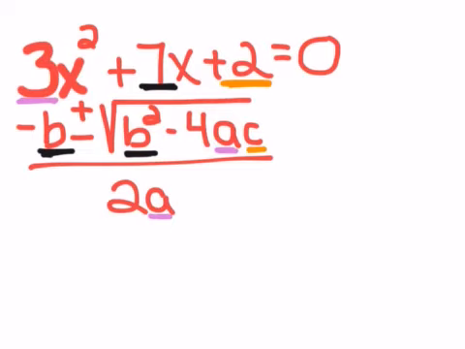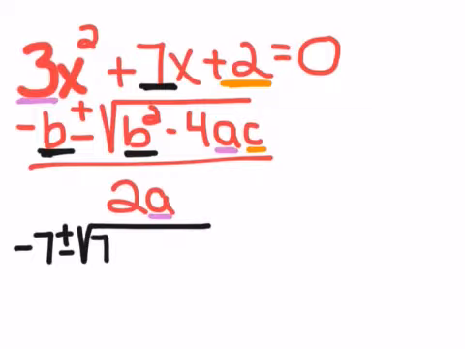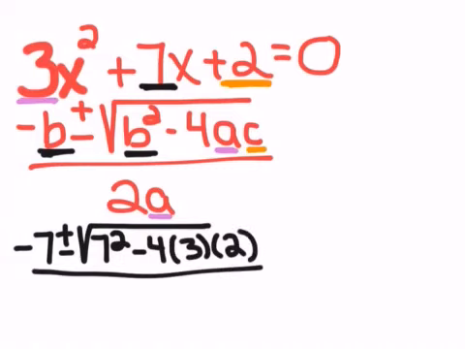So here's what it would look like. Negative 7 plus or minus the square root of 7 squared minus 4 times 3 times 2, all divided by 2 times 3. Alright, so it looks complicated. It's really not.